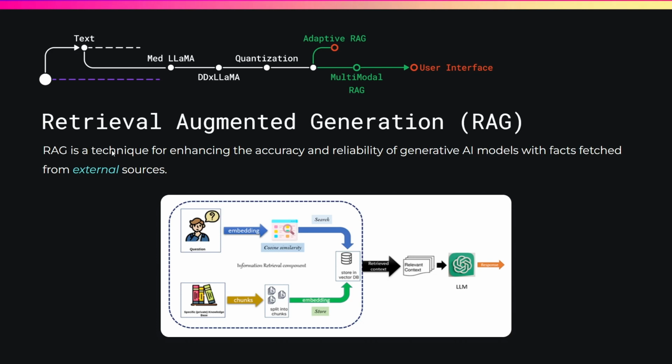So then we came across RAG, which is retrieval augmented generation. Basically, what it does is it stores the chunks of a document in a vector database, and according to our query, using cosine similarity, it searches in the vector space for the closest document in the vector database, and using this retrieved context, we generate the final output that is served to the user.